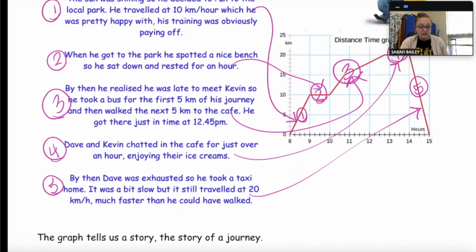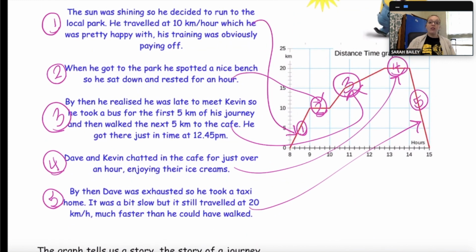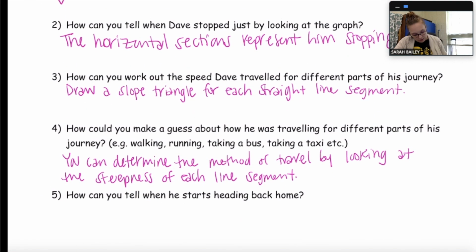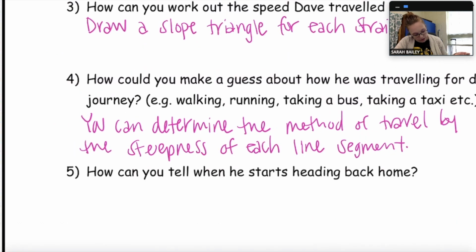Well, since it's a distance time graph, when the distance starts decreasing, that would indicate that he's headed back towards his house. So in section 5, that's a decreasing section, right? So that means he's heading back towards his home. So how can you tell when he starts heading back home?